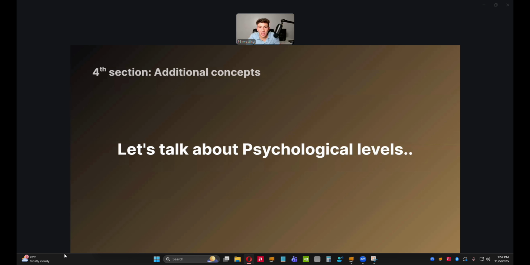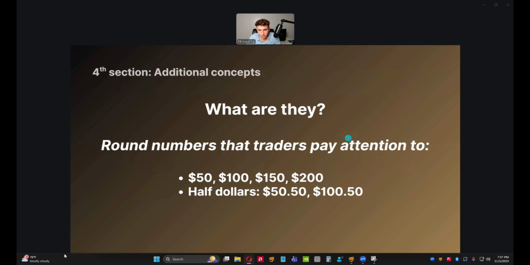Psychological levels are levels that end in zeros. So, for example, like 450, 460, 100, 110, 120, 130. Round numbers, and that's what traders pay attention to.